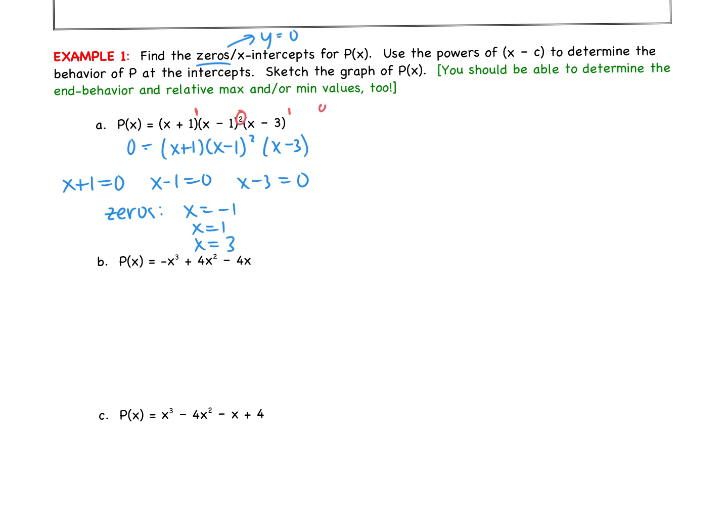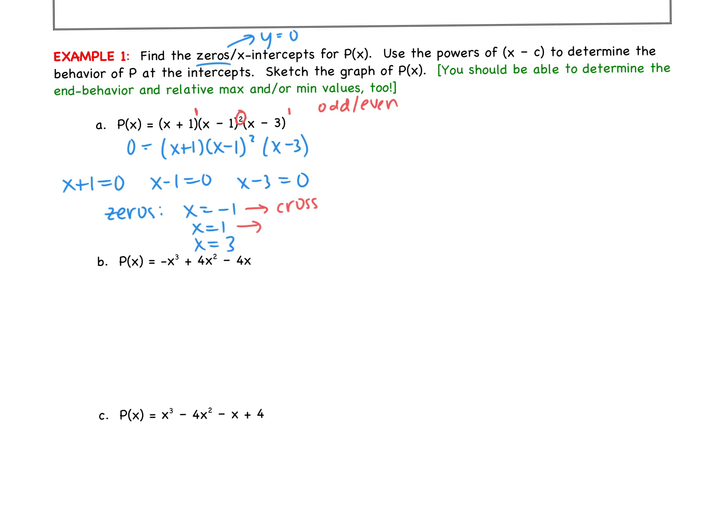All we care about, remember, is if that power is odd or even. For x equals -1, so that comes from this first factor, odd power means that the graph will cross. At x equals 1, that comes from the middle factor, has a power of 2.